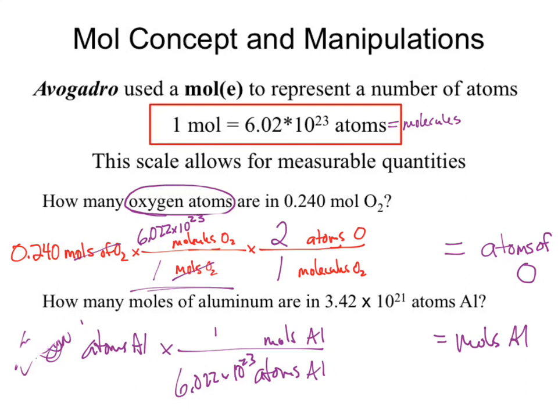One quick thing, because I talked about it with the morning class: 10 to the 21st. What do we expect as far as the size of our answer to be? 10 to the 21st, big or small number? 10 to the positive 21st is a very big number. How about 10 to the 23rd? It's bigger, still a really, really big number, right?